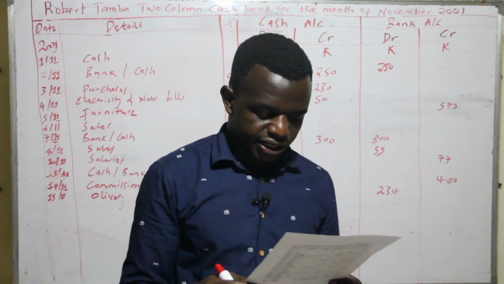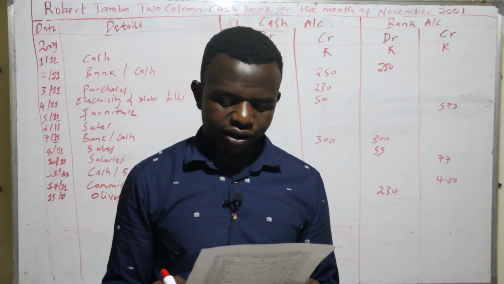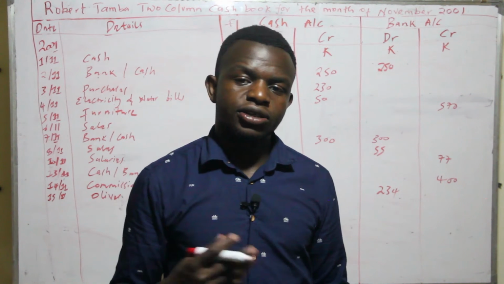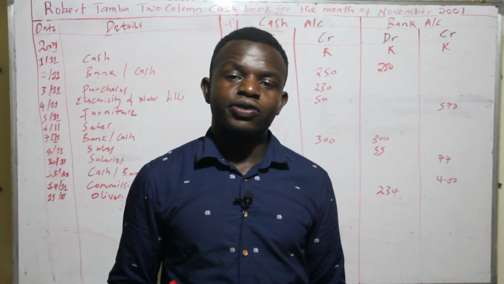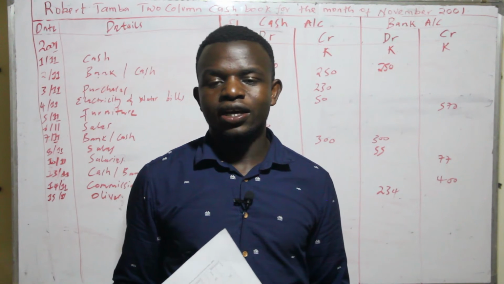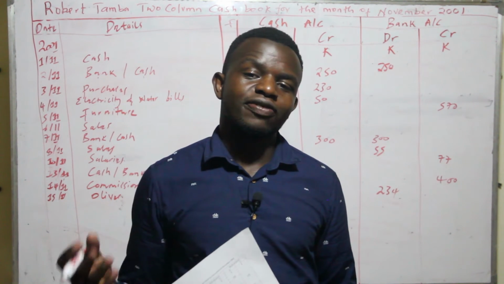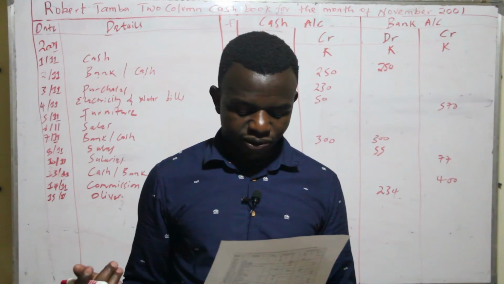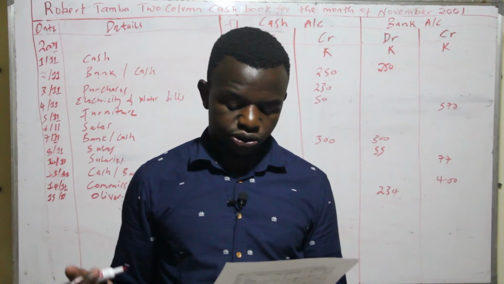Then on the 16th of November, withdrew from the bank 150 kwacha for a birthday party. So this type of transaction is a drawings transaction, because we are taking money out of the business for personal use. As you know, when someone's going for a birthday party, that is not involving the business. That is just for personal use. So in our details column, we are going to say drawings.